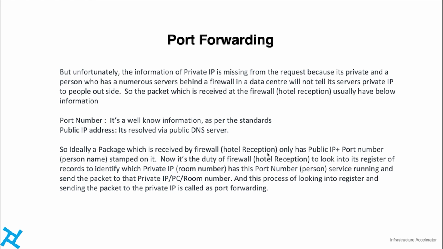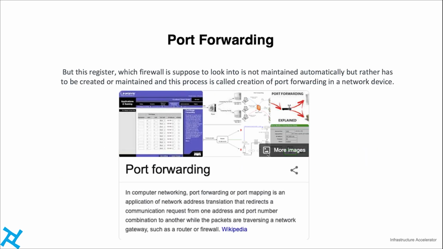And this process of looking into the register and sending the packet to the private IP is called port forwarding. But this register, which the firewall is supposed to look into, is not maintained automatically, but rather has to be created or maintained. And this process of creation of the register is called port forwarding.